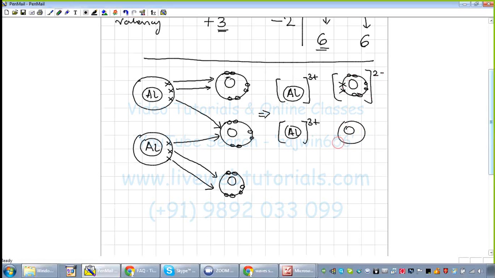We can write like that also. Instead of writing it this way, you can just write this as 2 and this as 3. This was the formation of Al2O3.